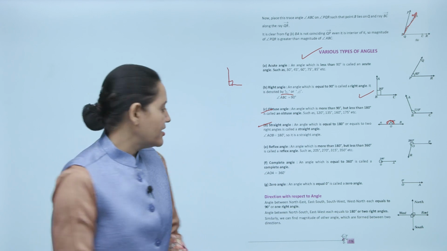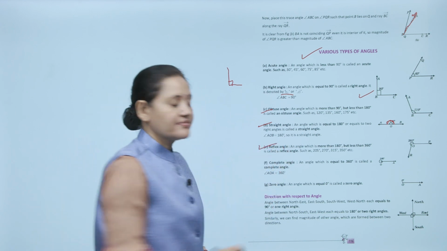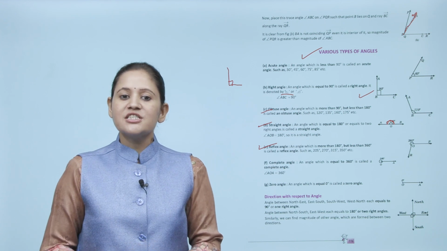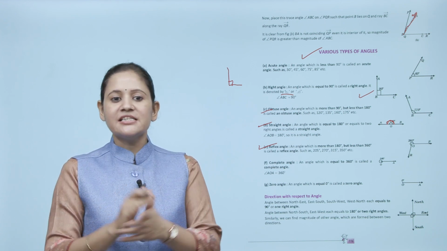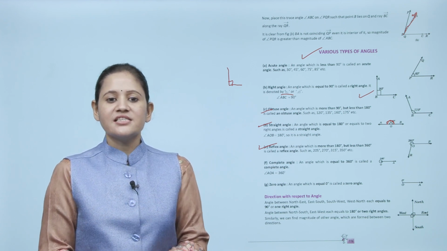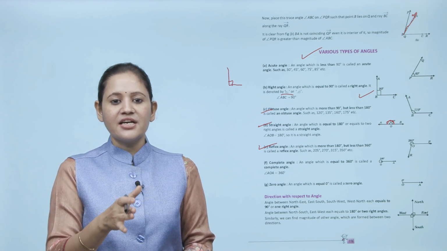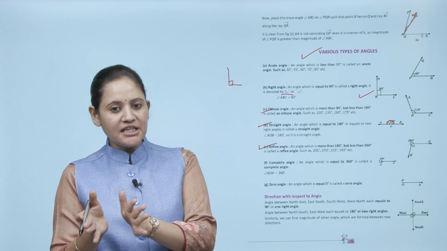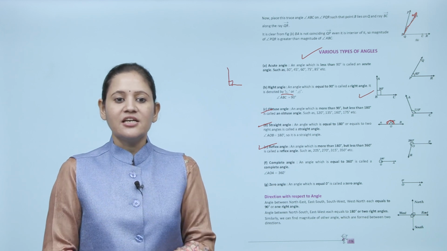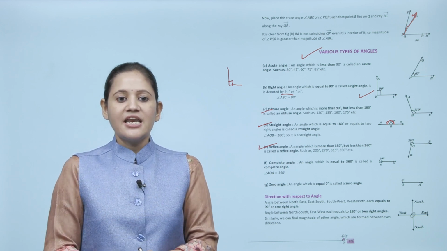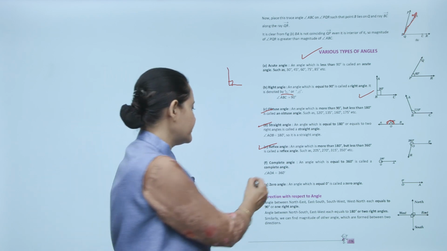Next, reflex angle. An angle which is more than 180 degrees but less than 360 degrees is called a reflex angle, such as 205 degrees, 270, 315, 350 degrees. All these are more than 180 degrees but less than 360 degrees. So these are reflex angles. Next, complete angle.